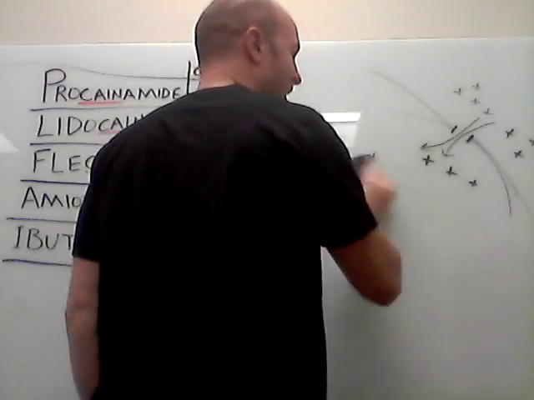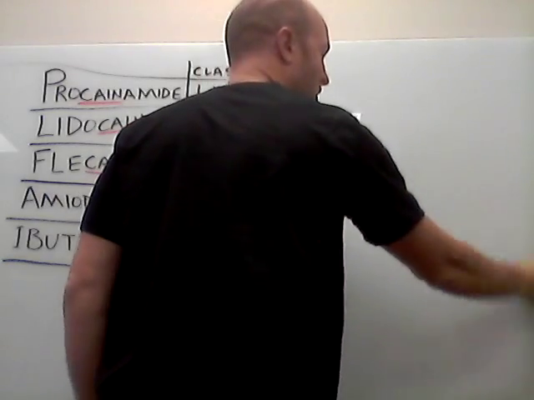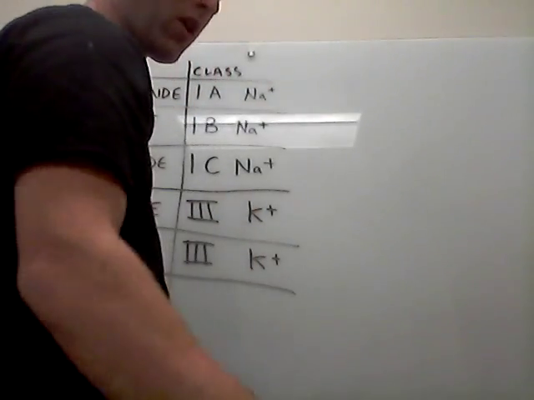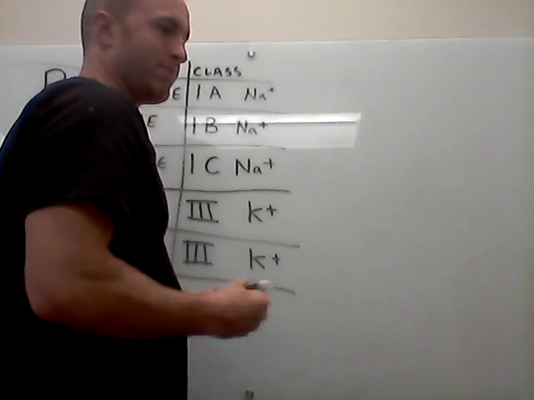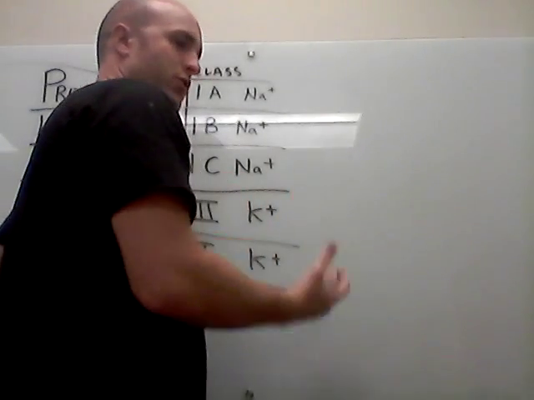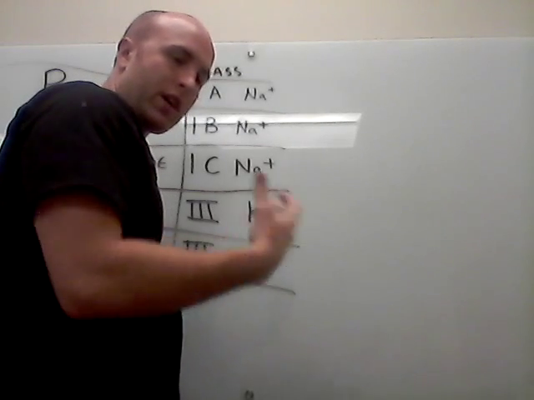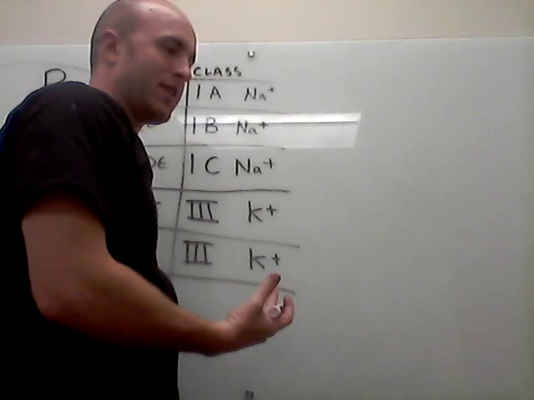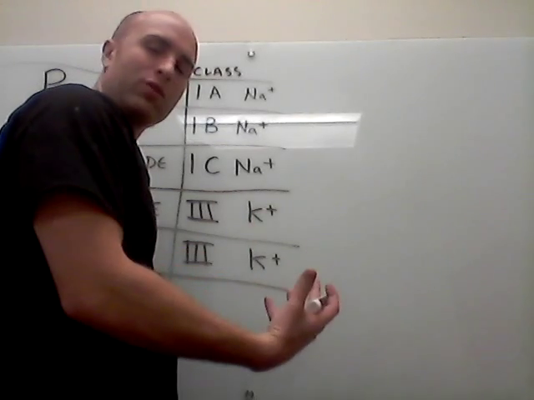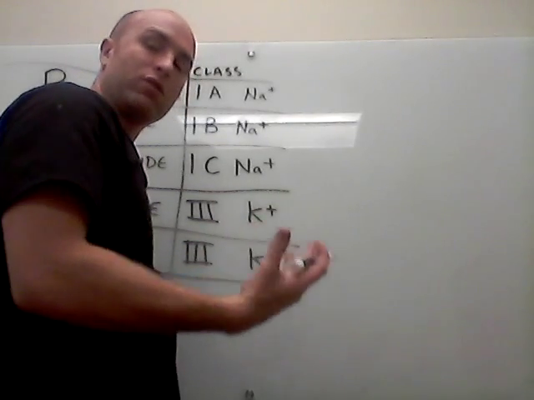So now let's apply this to the way that the heart works, okay? So in the heart, the whole conduction system works with these ions, okay? And if you block certain ions, then it's going to have certain effects on the heart.